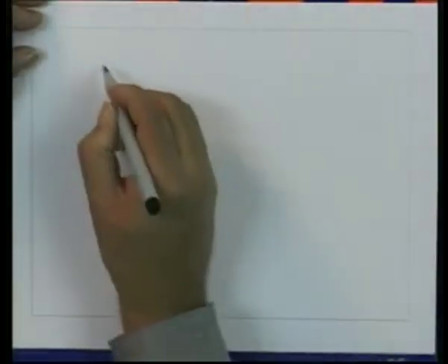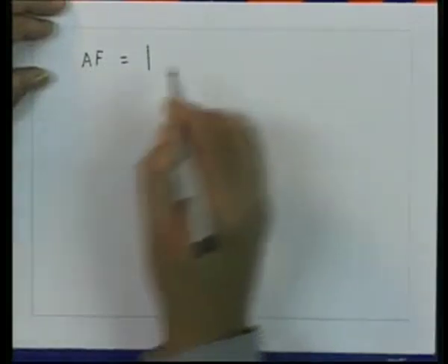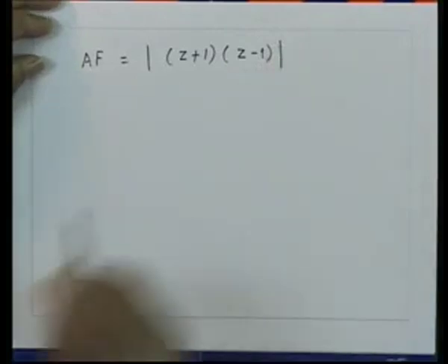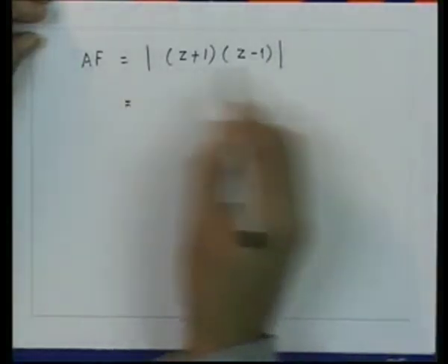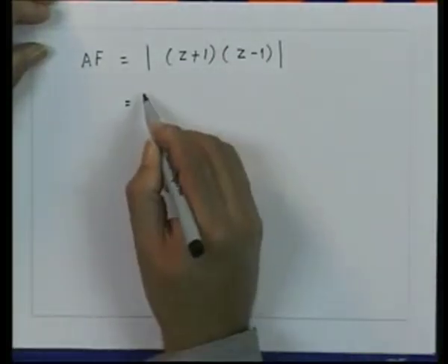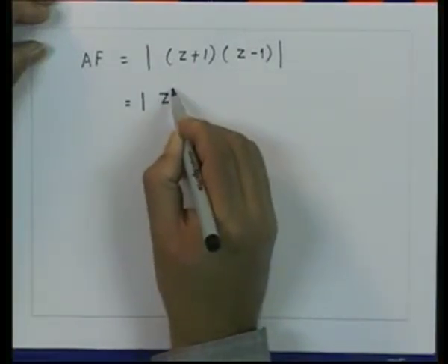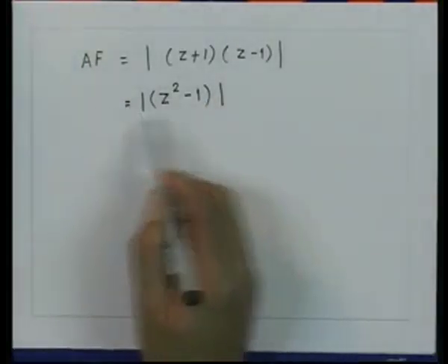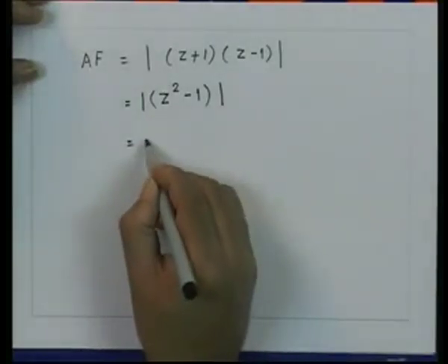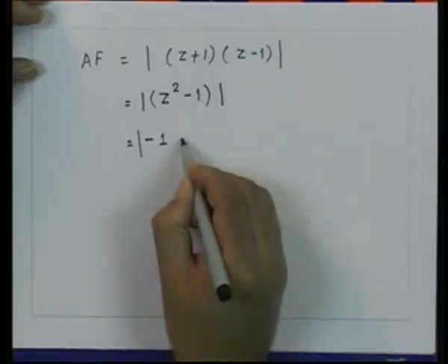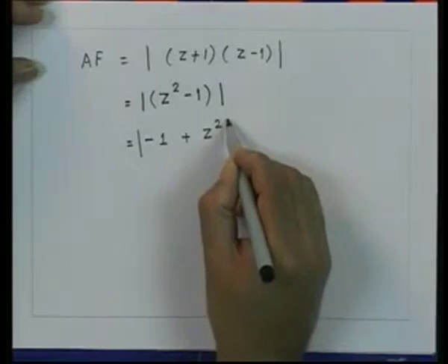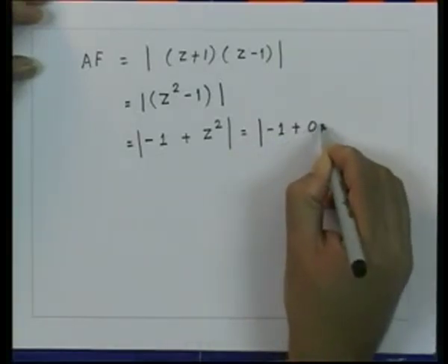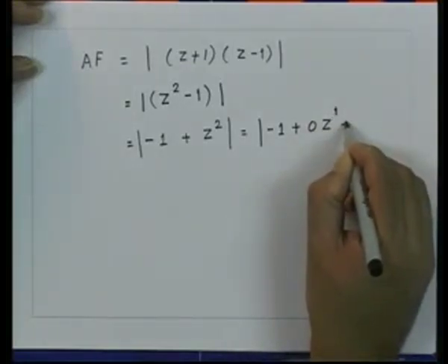So, you get the pattern which is array factor which is equal to mod of z plus 1 into z minus 1, which after multiplying and expanding, essentially we get the coefficients which will be z square minus 1, or if I write in the way we wanted to write the polynomial in the ascending degrees of z, this will be -1 plus z square, or we can write here this is -1 plus 0 into z to the power 1 plus z to the power 2.